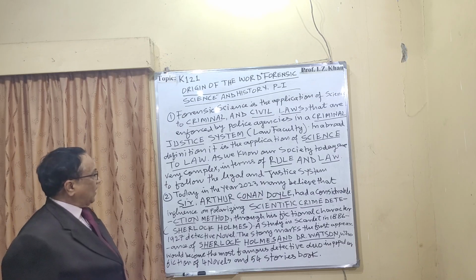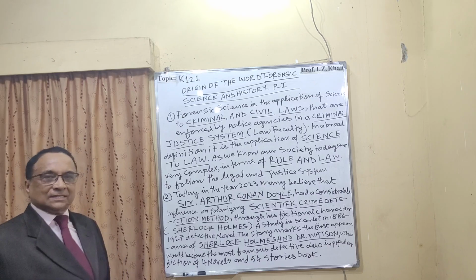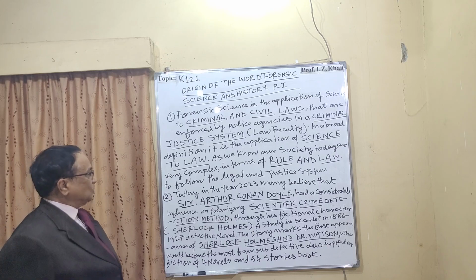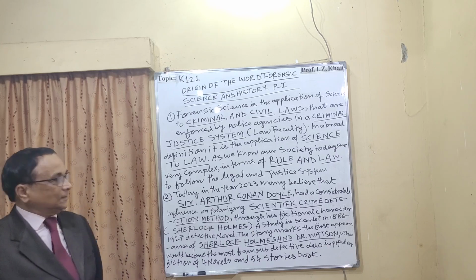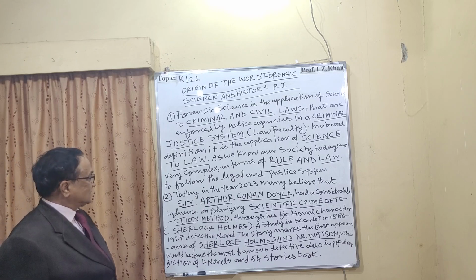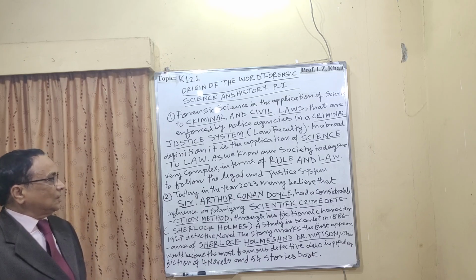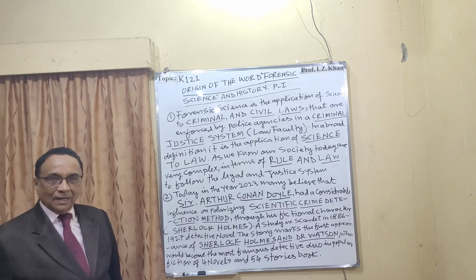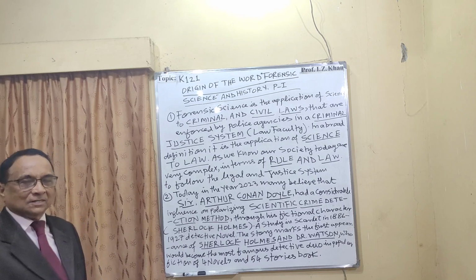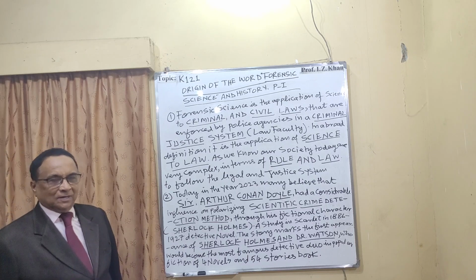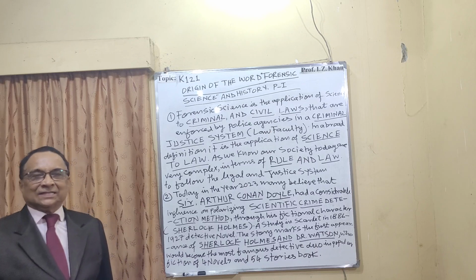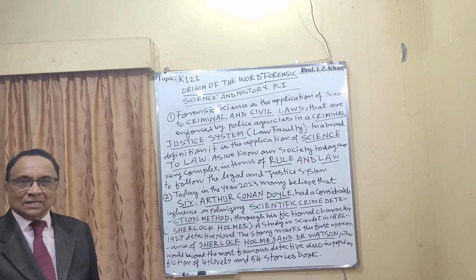Now, to follow the legal and justice system. Number two, today in the year 2023, many believe that Sir Arthur Conan Doyle is very, very popular from 1886 up to 1927.